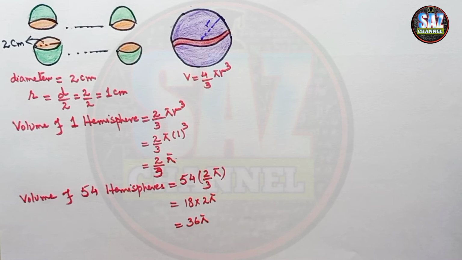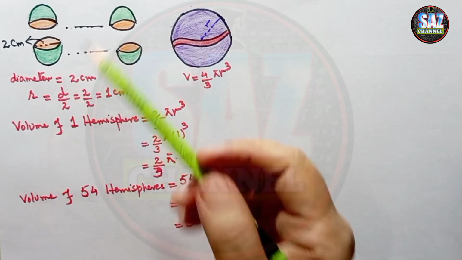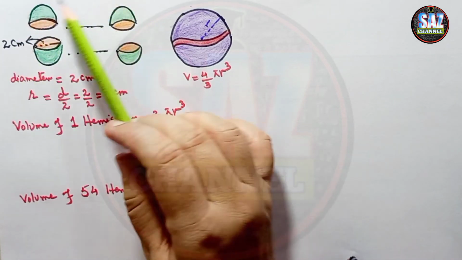This is the volume of 54 hemispheres. Okay, this is the volume of all these hemispheres.